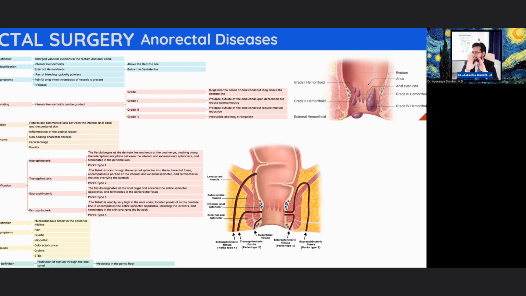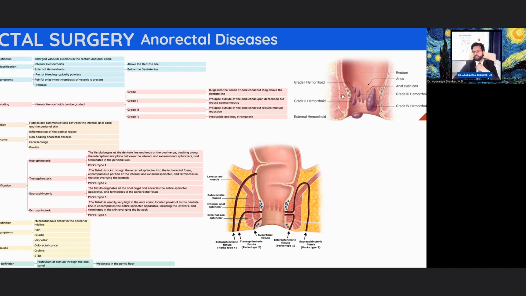Because it's a cushion that already has venous plexuses, they can get stuck with blood. They fill up with blood, congest, then swell up, and then you have a thrombosis, and then that thrombosis causes pain.